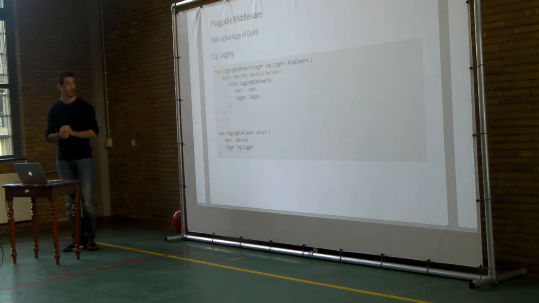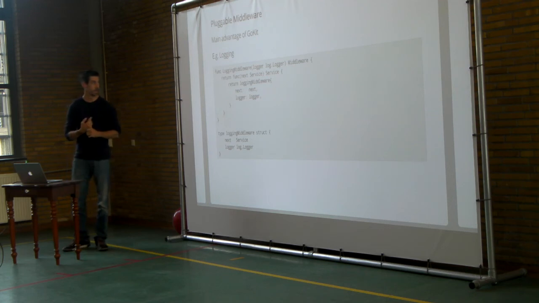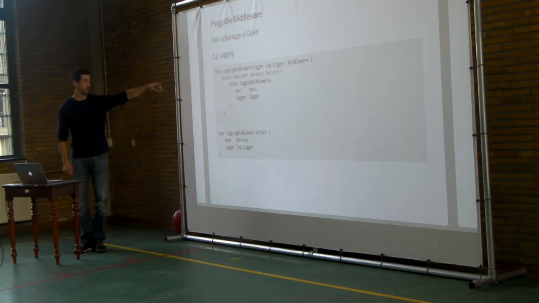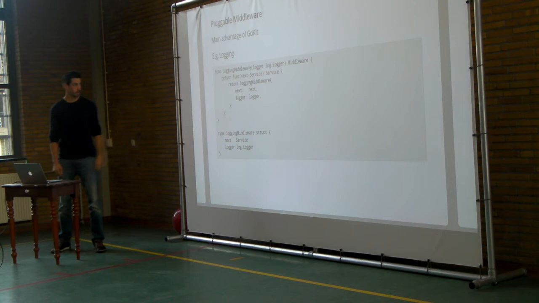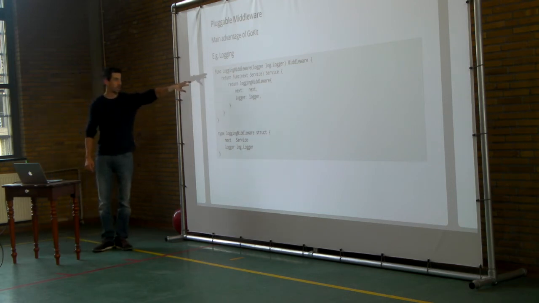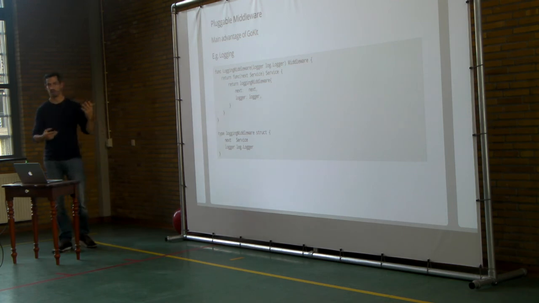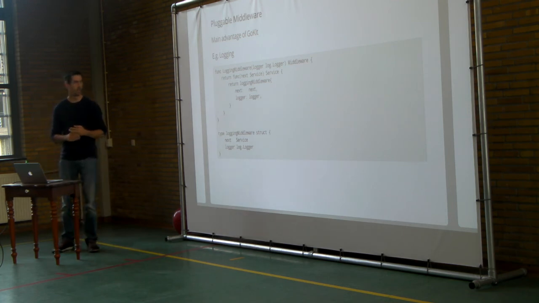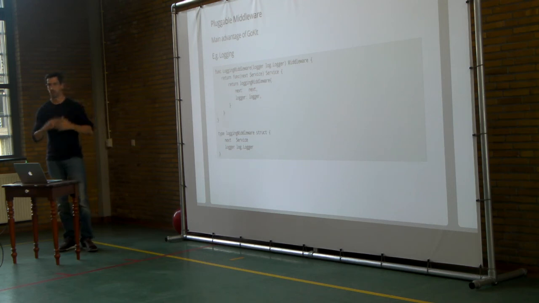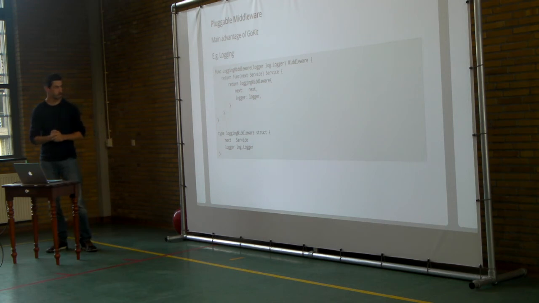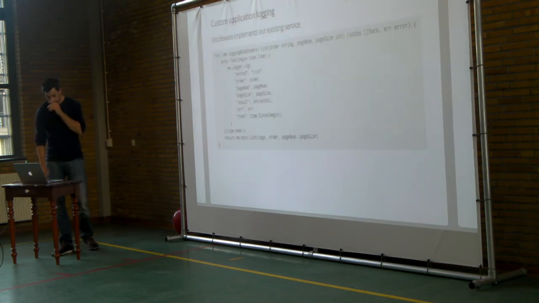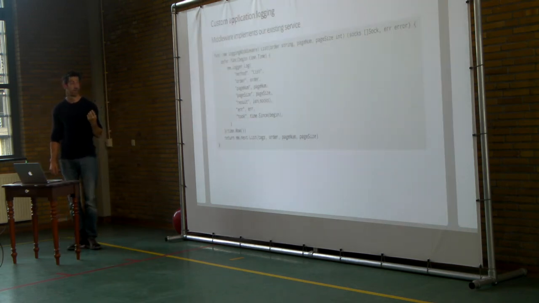So if we want to create a logging middleware, we just define this, we create our logger, and you can see here it's actually got a reference to our actual service. You can think of it like the Node.js Express model, where you pass along the requests. And since we have defined our service as an interface, this middleware is going to implement that same interface.